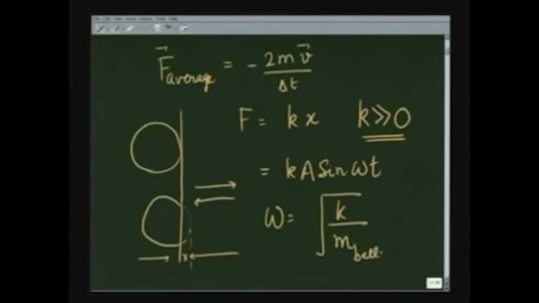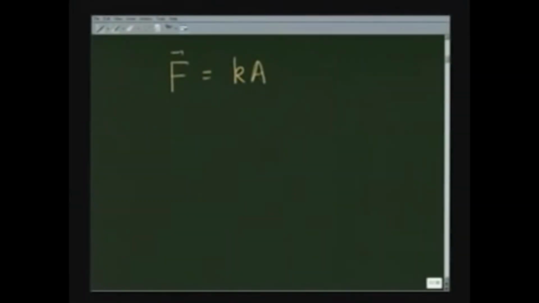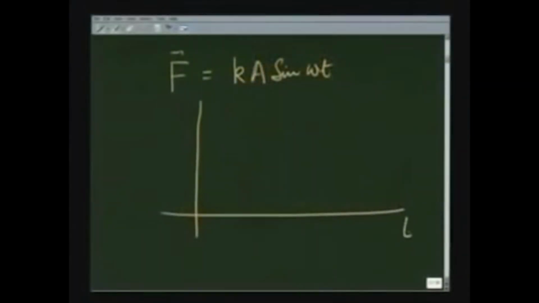So we see that the force on the ball is of the form roughly as k a sine of omega t. I have chosen sine because initially the displacement is 0. And therefore, if I were to plot it with respect to time, it would look something like, at 0 it starts, goes up and comes down like a sine wave, and at this point the ball has left the wall.